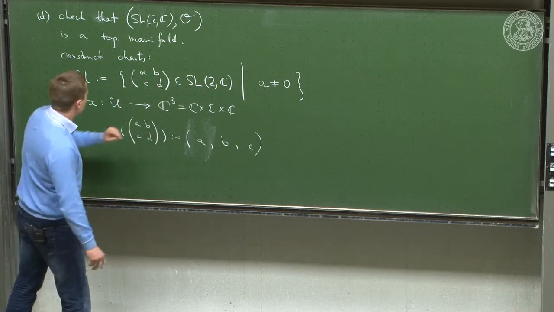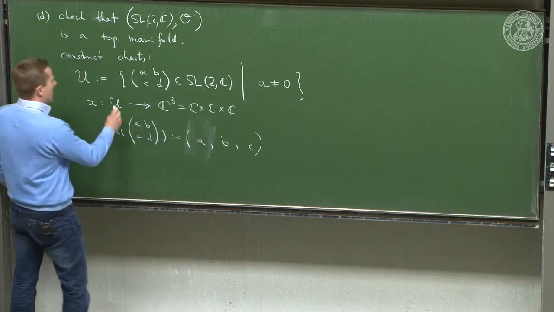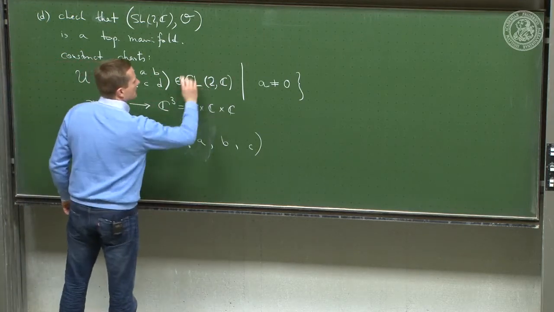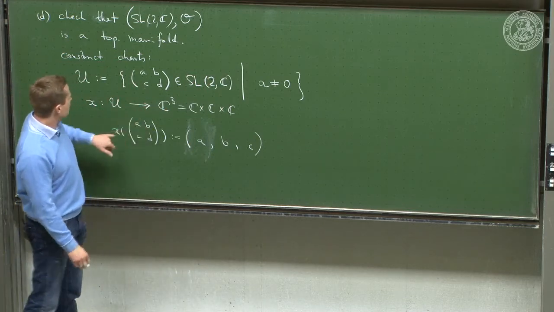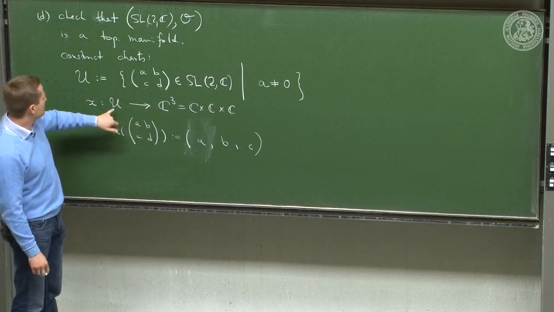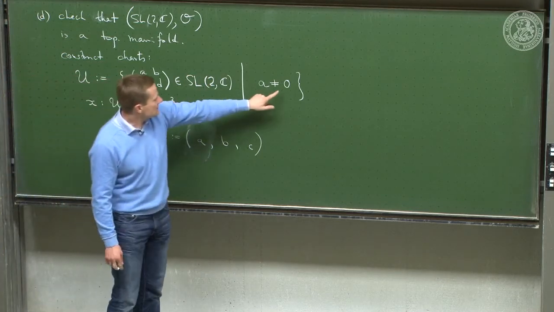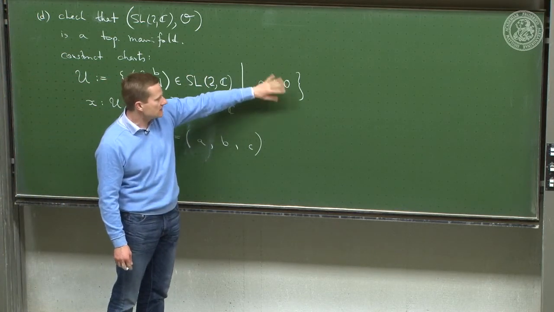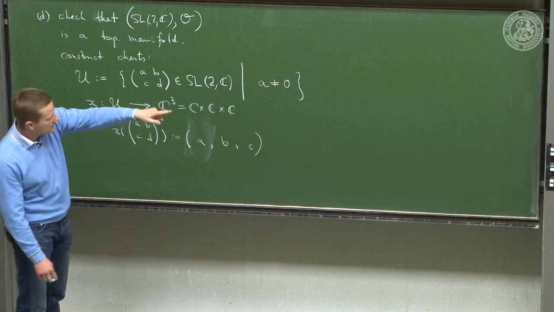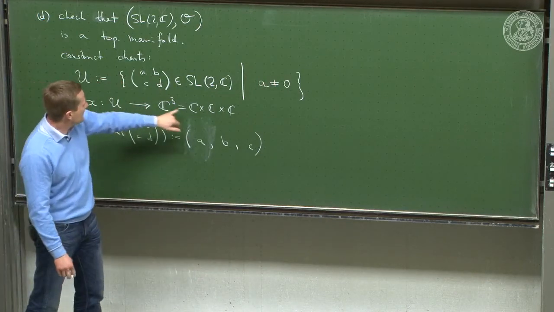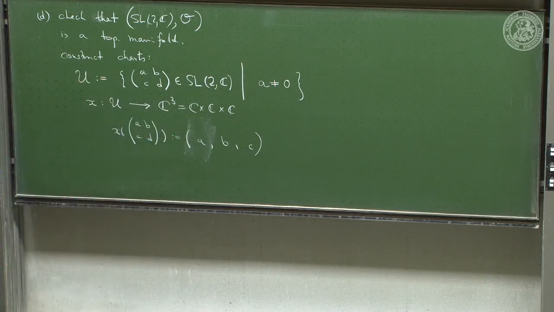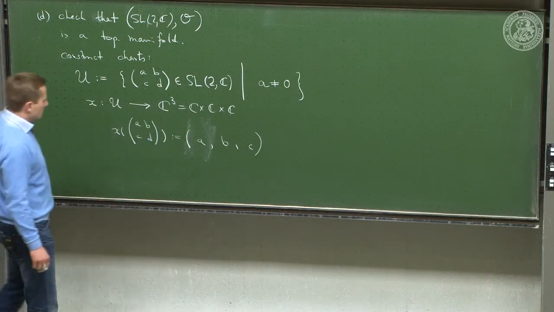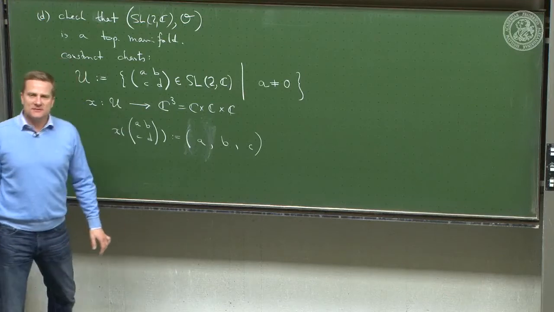So I have this map. It goes from here to here. SL2C being a topological space, I can decide what it means for this to be an open set, because I say not equal to 0. This produces an open set in that topology. And I can now decide whether this map is continuous.